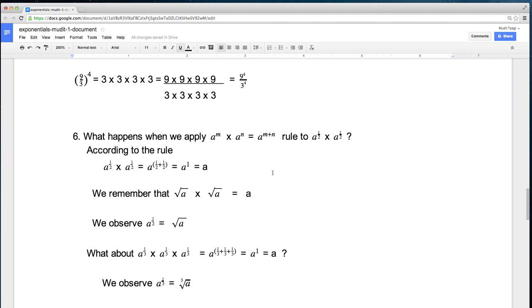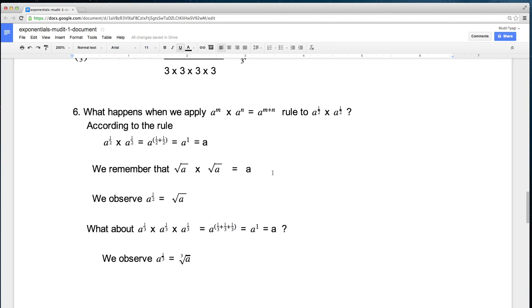Okay, so now we finish off with an interesting rule, and we have to carefully make a few observations here. What happens if we take our first rule, which was a to the m times a to the n is equal to a to the m plus n, and we apply it to a to the half times a to the half.